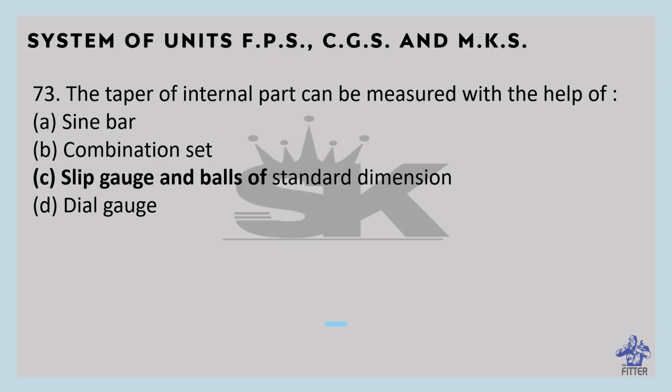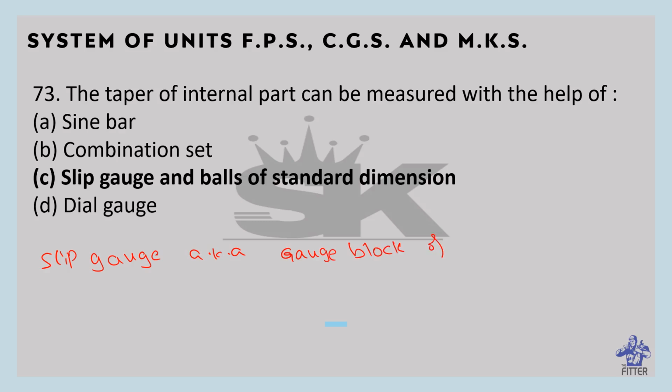So here the answer is option C. A slip gauge is also known as a gauge block or Johnson gauge.